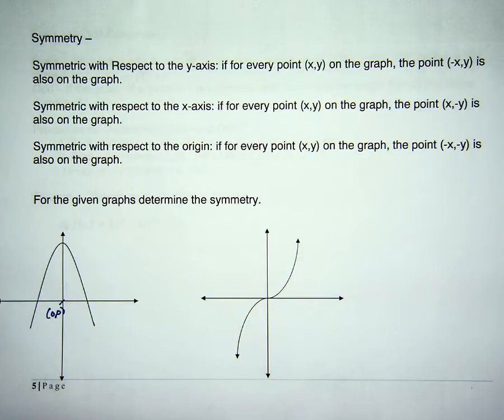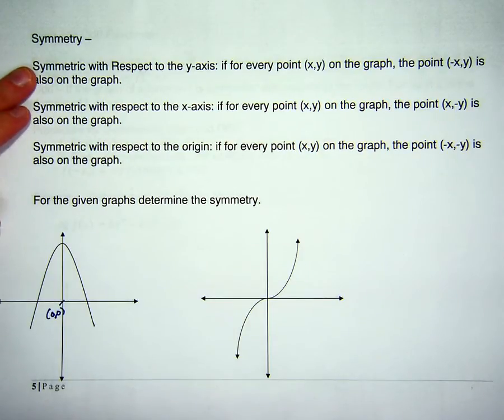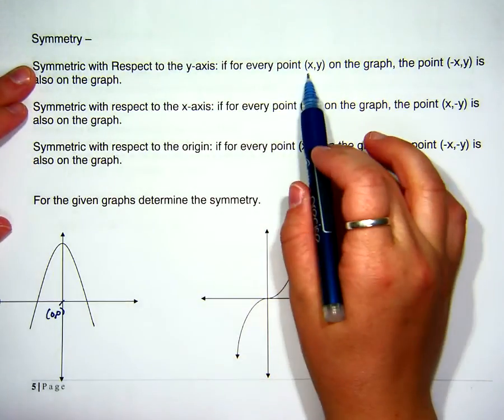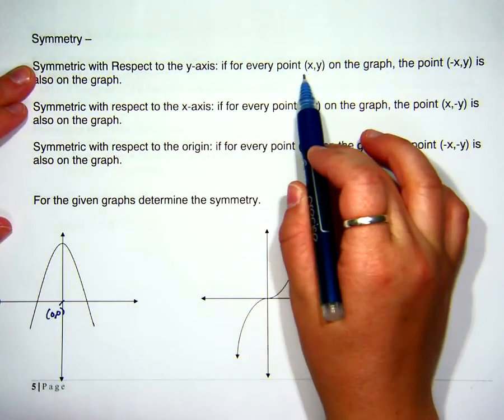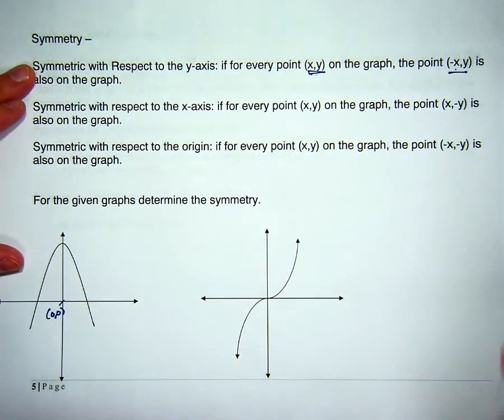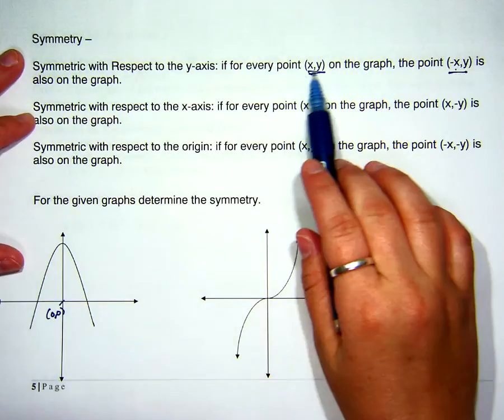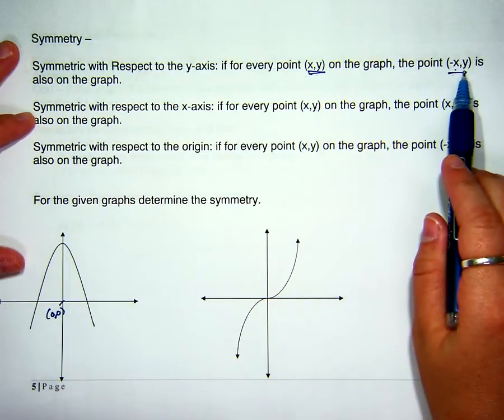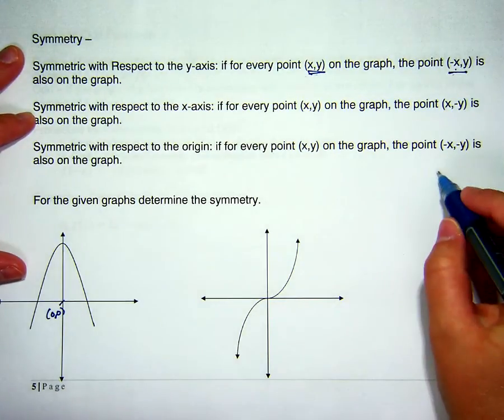By definition, for something to be symmetric with respect to the y-axis, for every point (x, y), positive x, positive y, on the graph, the point (negative x, positive y) is also on that graph. Now, when I talk about things like positive x and positive y and negative x and positive y, we have to go back and think.